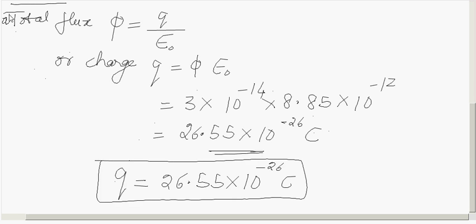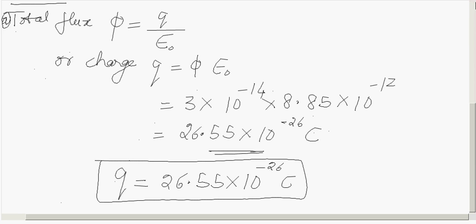You can write here A. And for B, before this we did one problem. It is understood from that problem that if the radius was halved, the total charge remained the same, and hence the flux also remained the same.